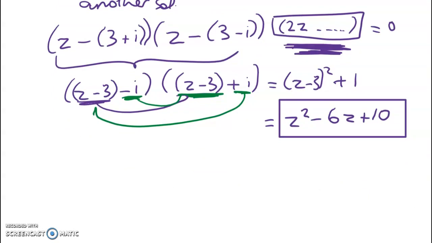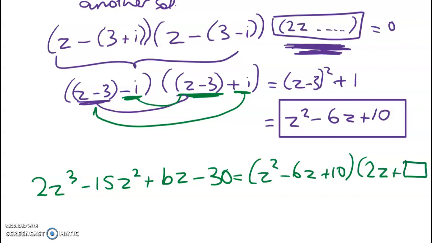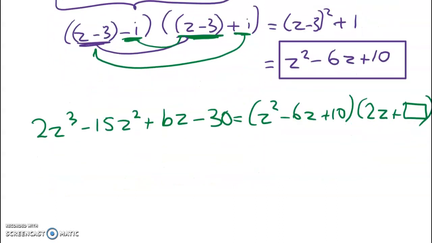Now I'm going to put that back into my expanded form cubic, giving me 2z cubed minus 15z squared plus bz minus 30 is equal to z squared minus 6z plus 10 times something else. Now there are different ways to do this, but you might just want to put a little box, so 2z plus box, or you could call it k or whatever. And in this case it's really easy to see what I must have to get that negative 30.